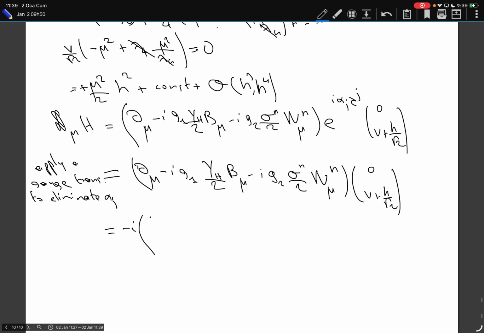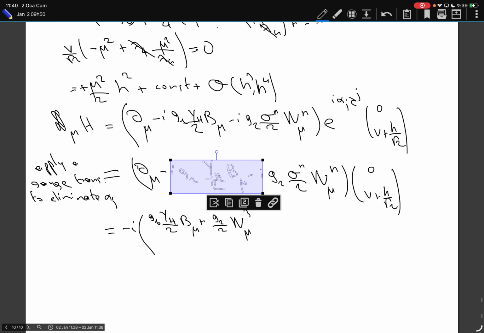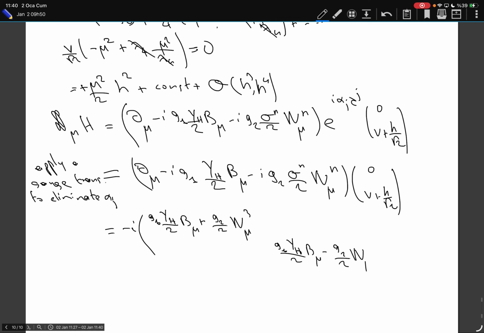So I will have minus i times the 2 by 2 matrix: g1 Y_H over 2 B mu plus g2 over 2 omega mu 3 in the upper left, which is also identity in that 2 by 2 space, then g1 Y_H over 2 B mu minus g2 over 2 omega mu 3, and off-diagonal terms g2 over 2 omega mu minus and g2 over 2 omega mu plus.